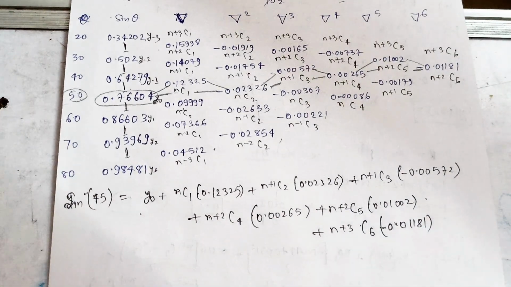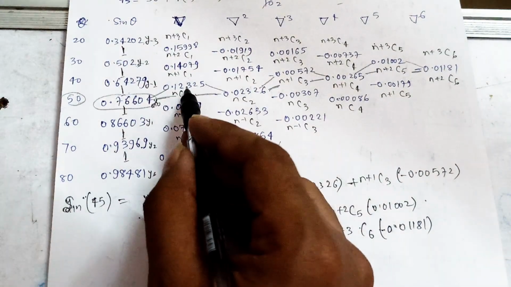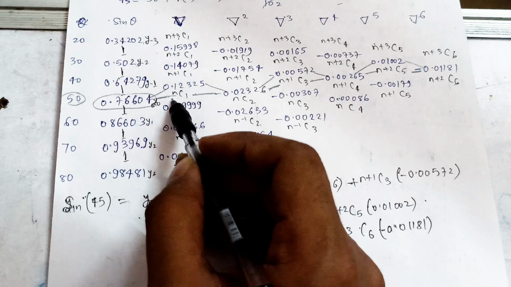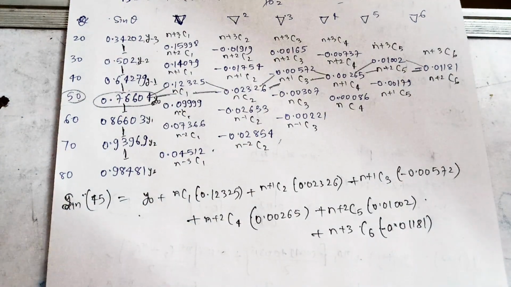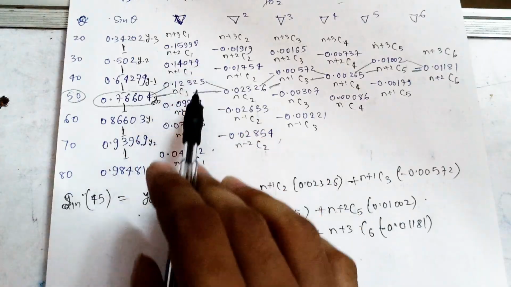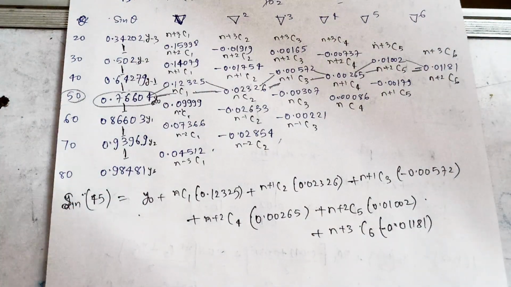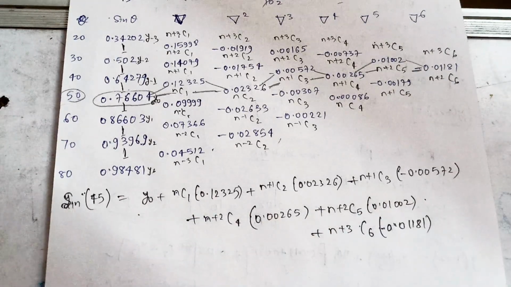Means directly if we had written it in the form of y, del y minus 1, del y minus 2, in this form we will get that form, but we have directly written it in the difference form in the given question. So we now need to just apply these values and calculate. The next part is just to calculate the value for n c1 and n plus 1 c3.